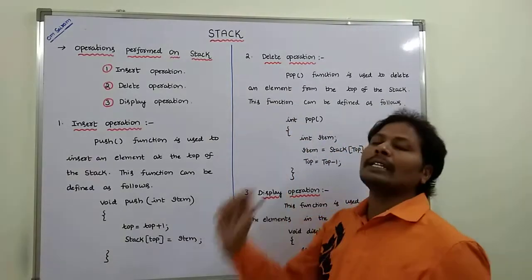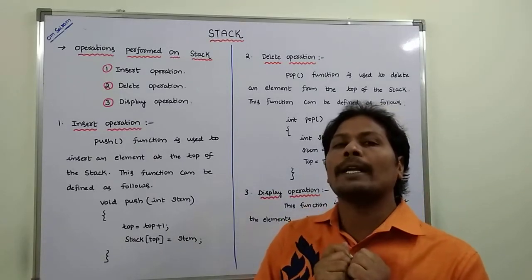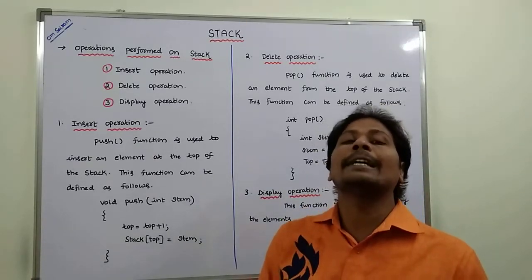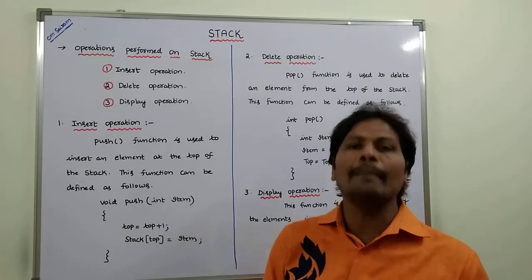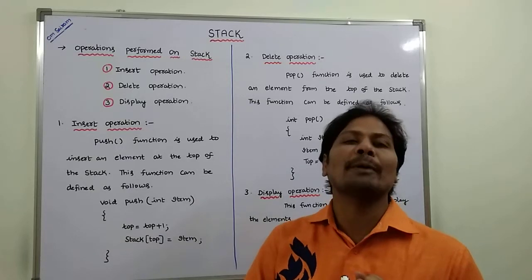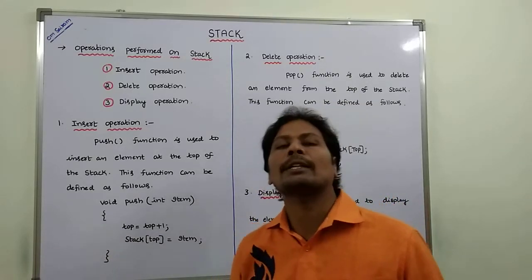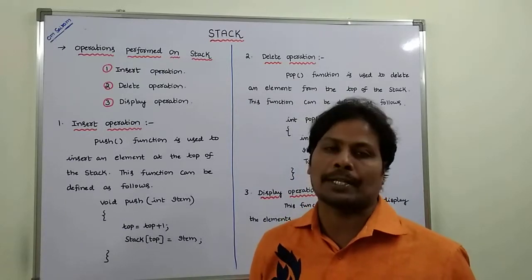Next, the second one is the delete operation. The delete operation is used for deleting an element from the top of the stack. For that purpose, we have to use one function, called the pop function.